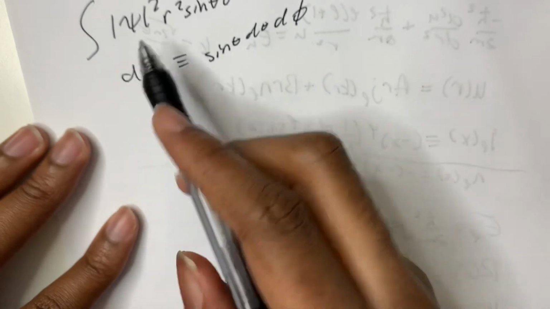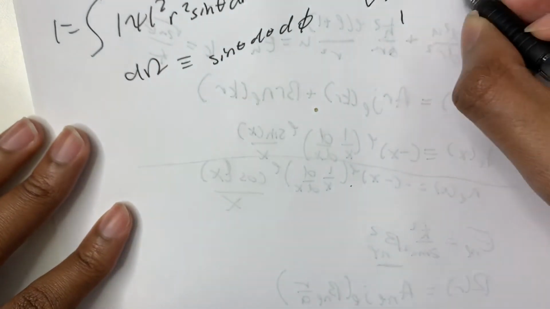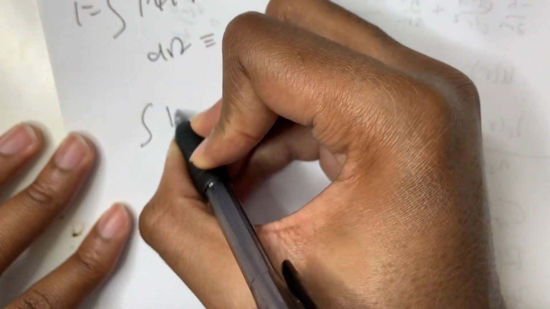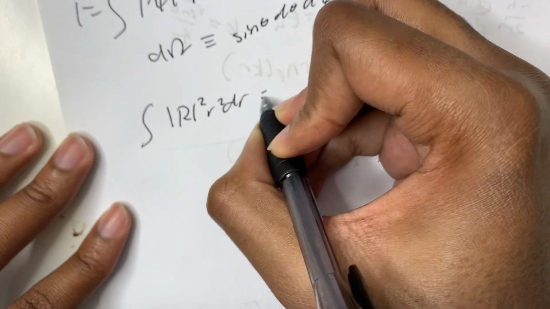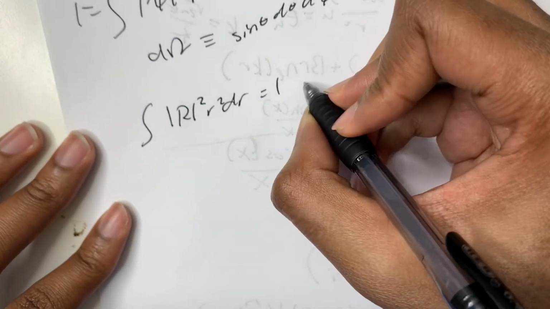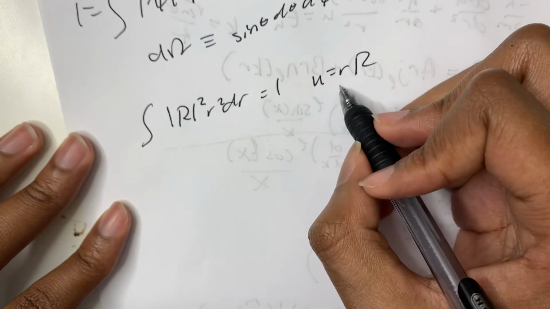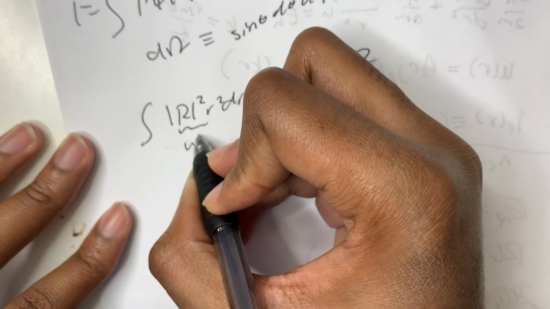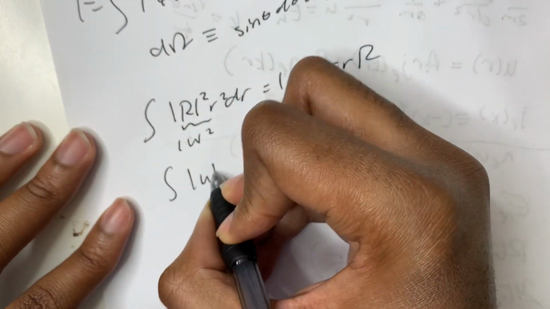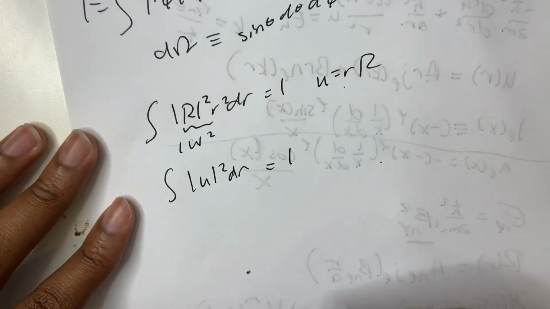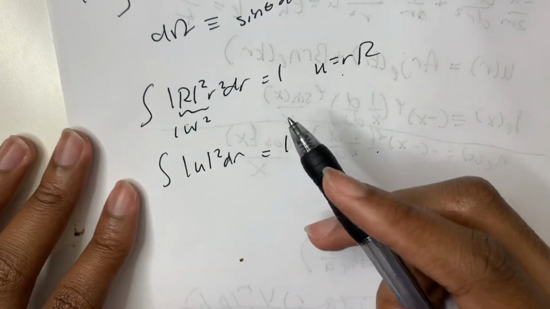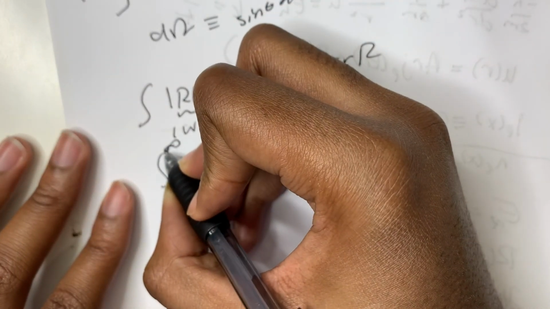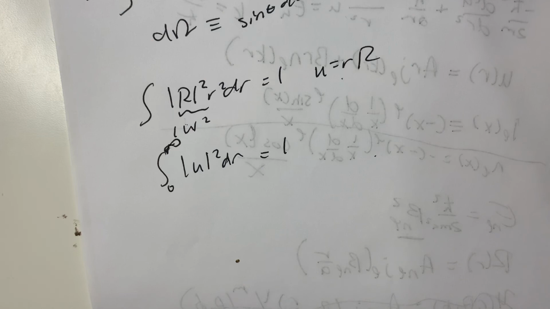So if this is normalized, this has to be equal to 1, which implies that both of these have to be 1, right? So this implies that the integral of this should be 1. And let's again use u equals r times big R, implying that this is just going to be u squared. So the integral of u squared dr is 1. This is our normalization condition for u of r. And of course, this is from 0 to infinity, since our radius is only going to be non-negative.